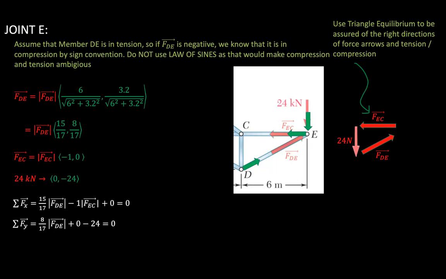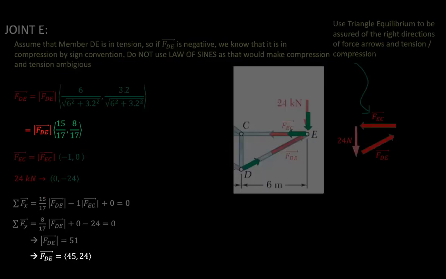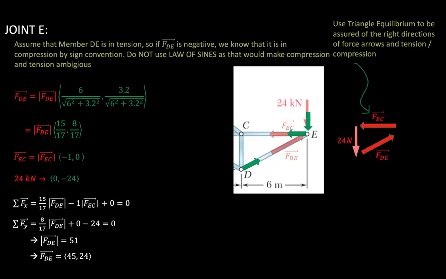And the sum of the Y forces is equal to 8 over 17 times FDE magnitude plus 0 minus 24, and that is all equal to 0 because this whole structure is in equilibrium as well. That gives us that the magnitude of FDE is equal to 51 kilonewtons. And that FDE as a vector is equal to 45, 24 because of this equation over here.